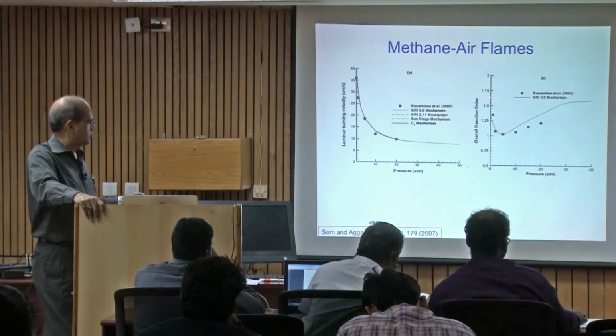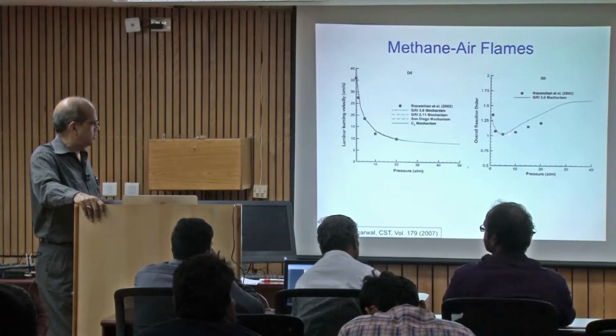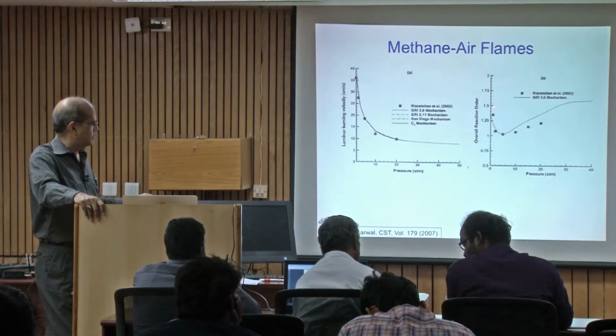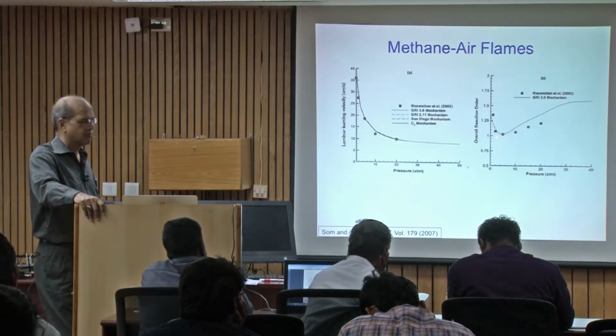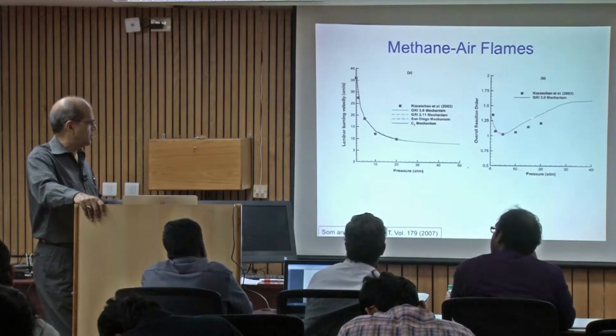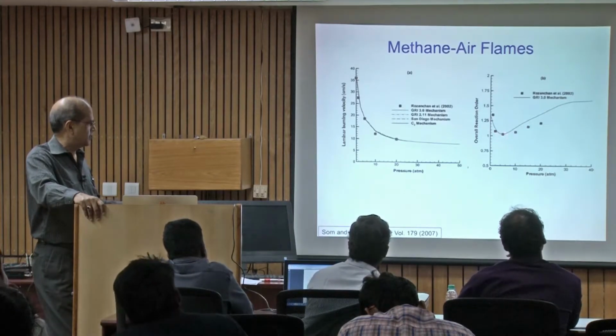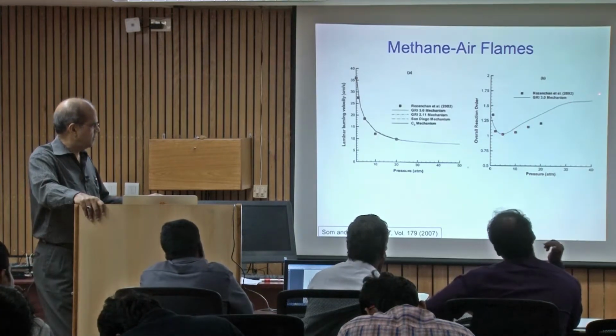So you see how much it varies with pressure. As you increase pressure, it starts like 1.5, then it decreases a lot first. And then it starts increasing at some pressure about 5-6 atmosphere.